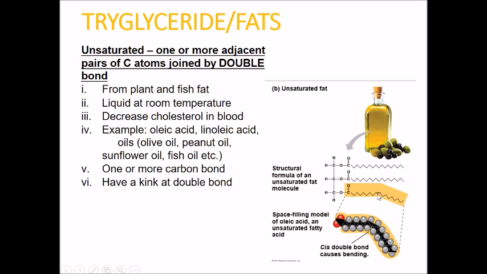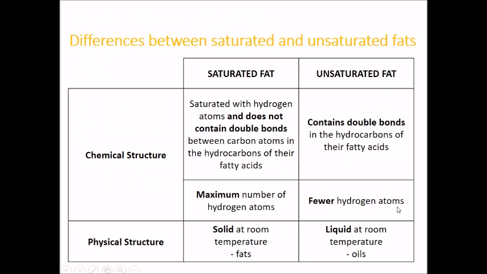This double bond causes the structure of the fatty acid to bend like this, meaning to say have a kink at the double bond. Due to these double bonds, the number of hydrogen atoms attached to this carbon is reduced.